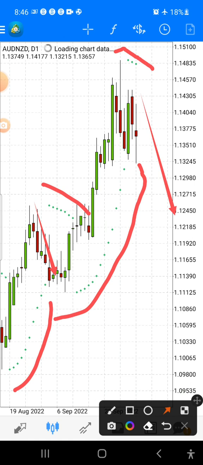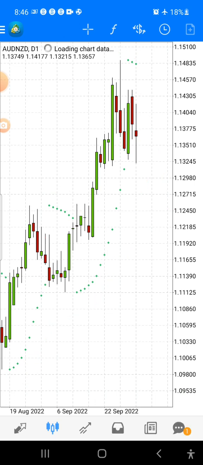And assuming that you are buying a currency pair at this point, and the Parabolic SAR dots appear below the candlesticks, and after a while about two or three Parabolic SAR dots appear above the candlesticks, it indicates a change in direction might have occurred, and it might be the right time to exit your trade.